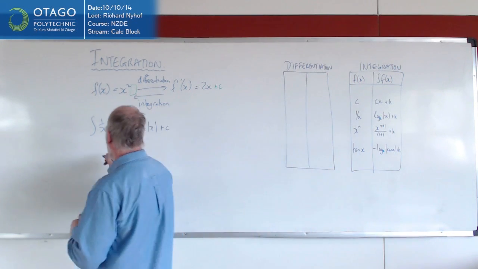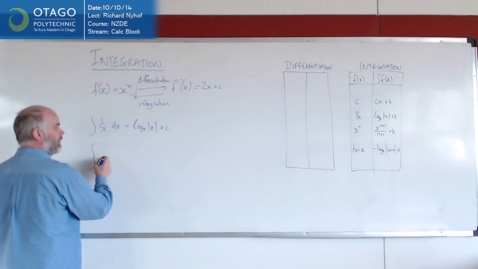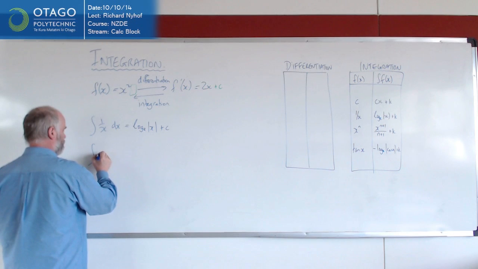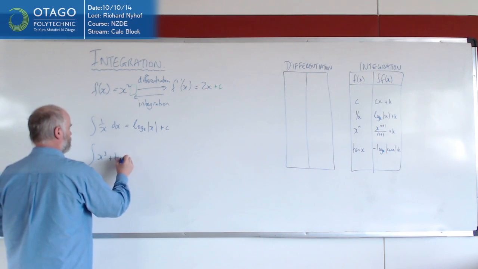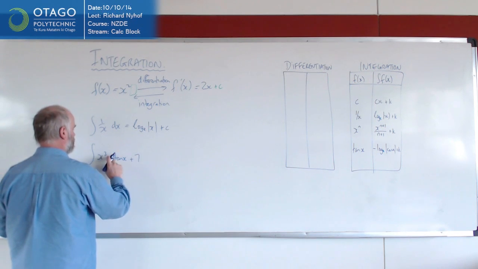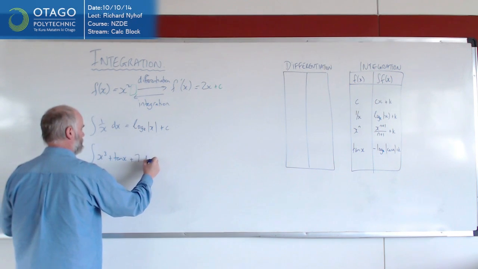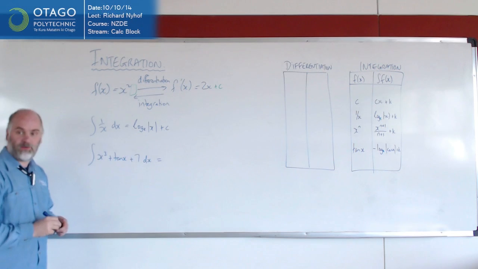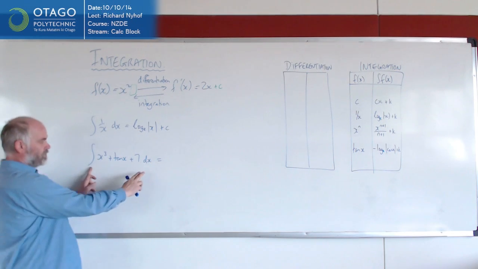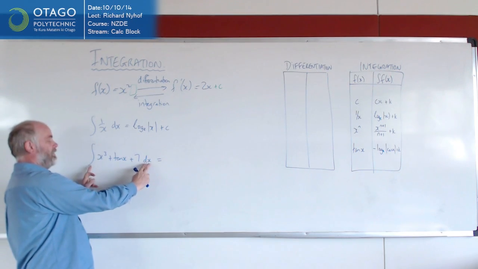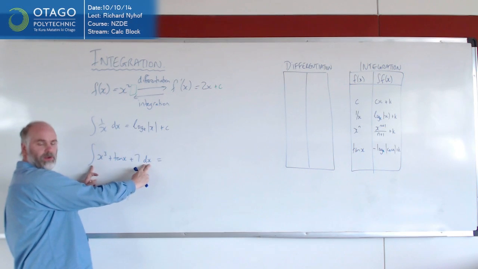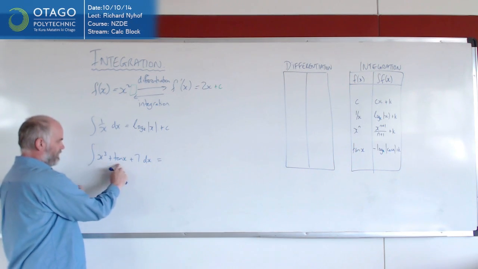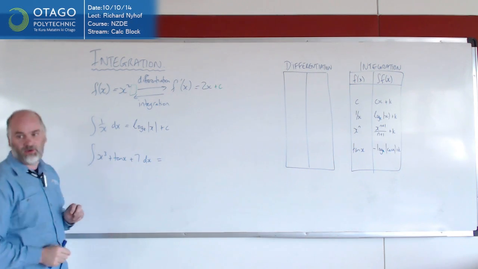So let's have a go at the integral of x cubed plus 10x plus 7. Remembering what I said last time, the integral sign and the dx are the things that say I'm integrating, so those go together, and the bit in the middle is what I'm actually trying to integrate.